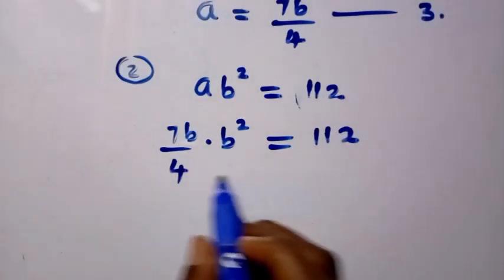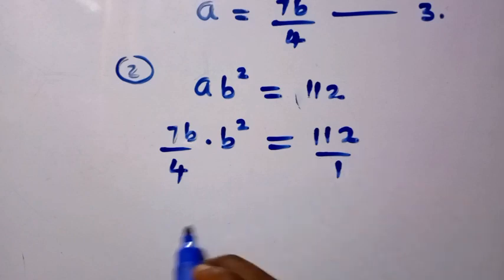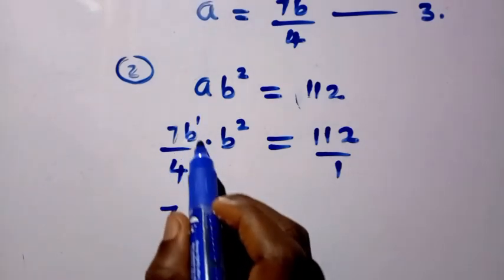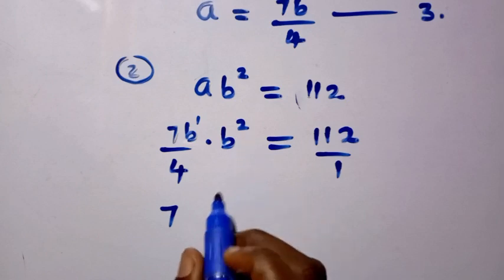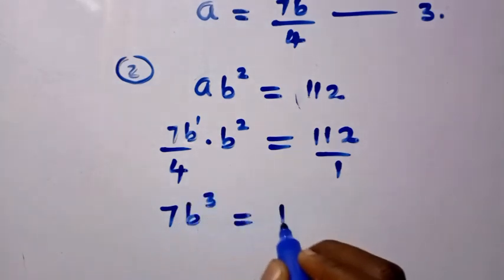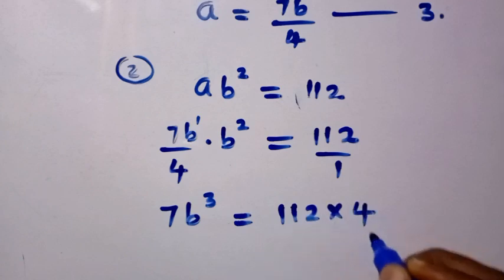And by cross multiplying, we multiply 4 by 112. Here we have 7. So here is b raised to power 1, here is b raised to power 2. This gives us b raised to power 3 equals 112 multiplied by 4.